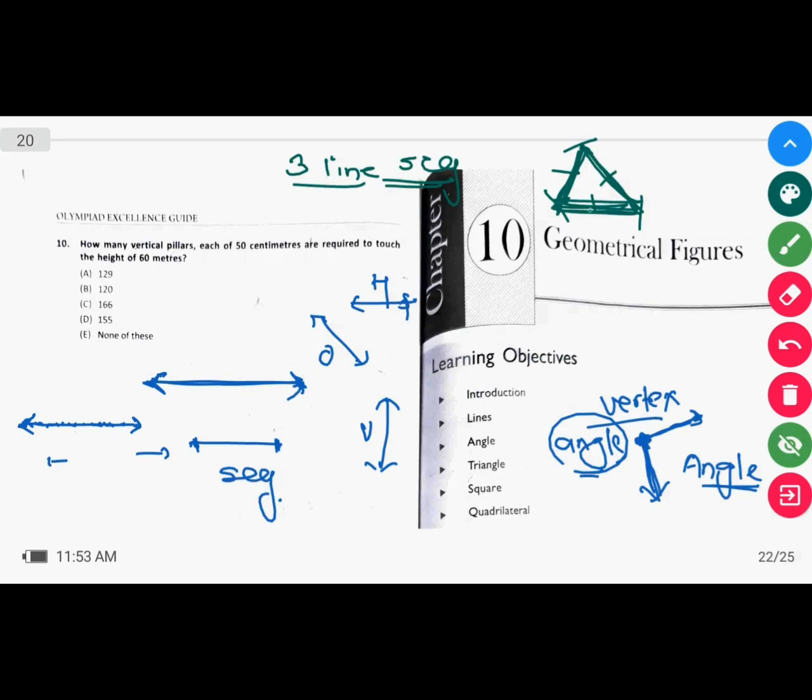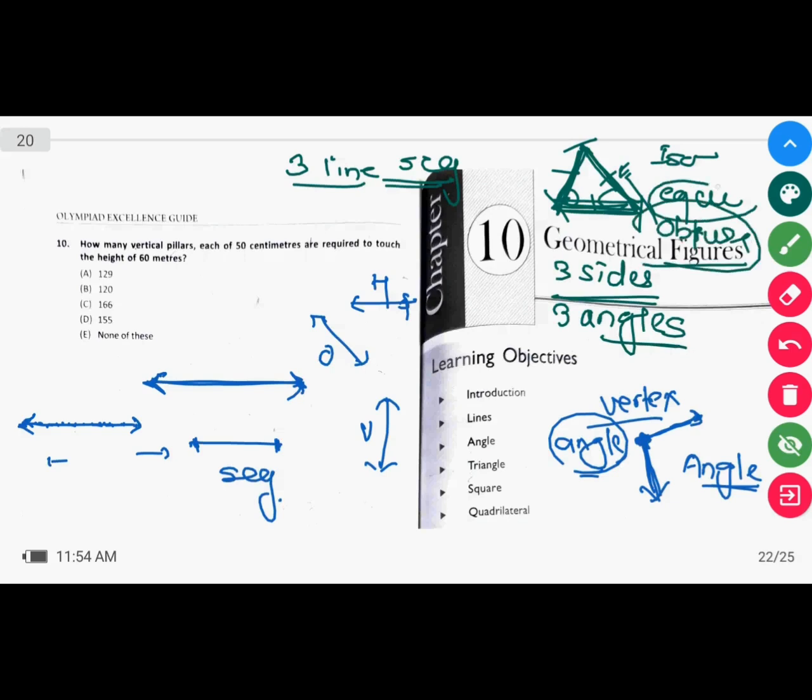Now this triangle has 3 sides and 3 angles. Okay, now triangles are also divided into 3 types, but you don't have the types right now: isosceles triangle, equilateral triangle, and obtuse angle triangle.